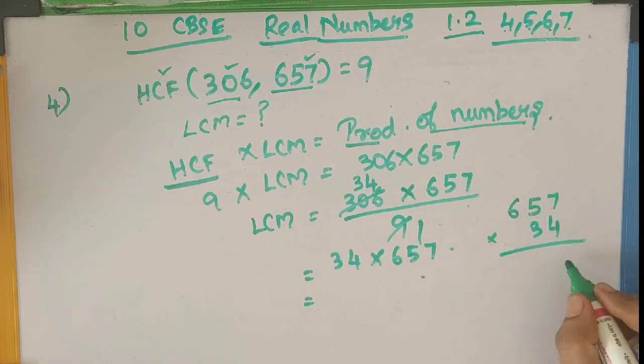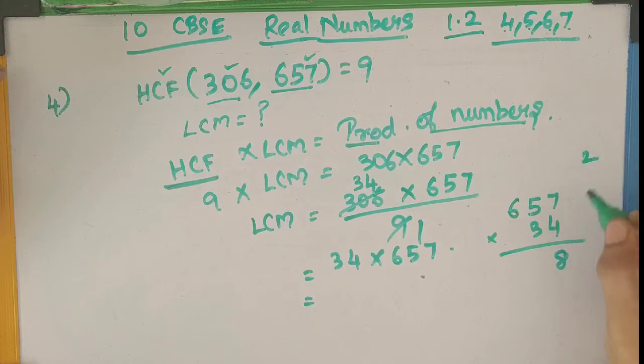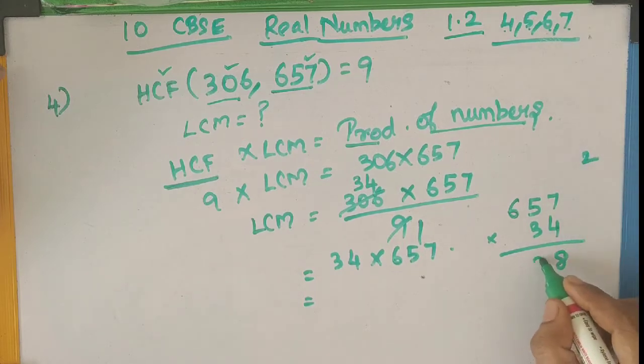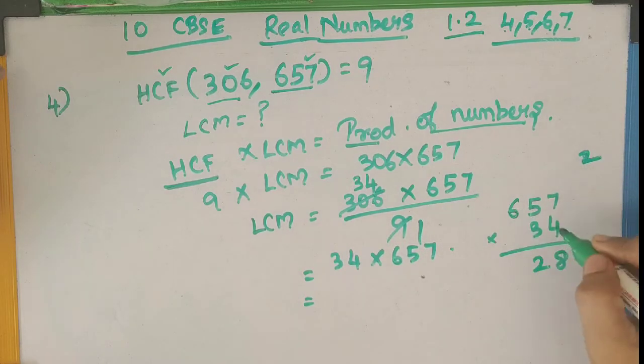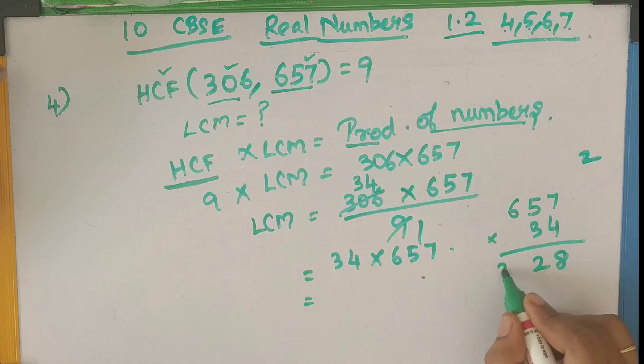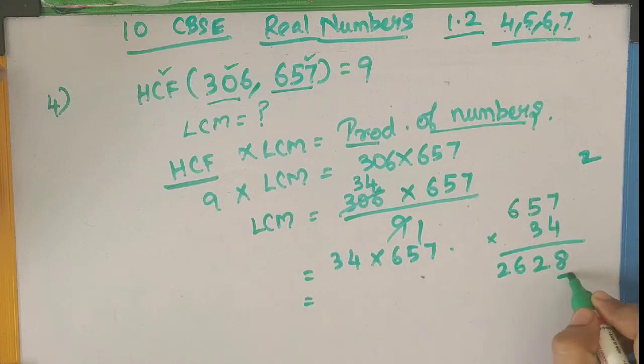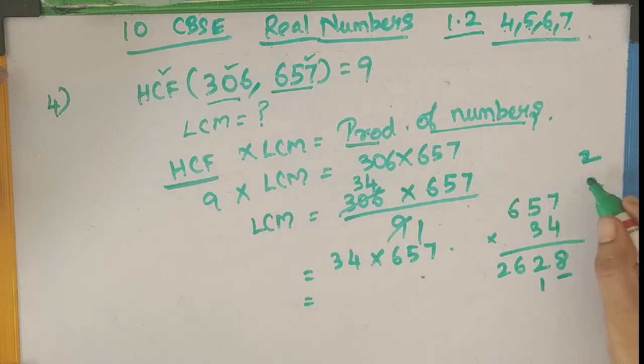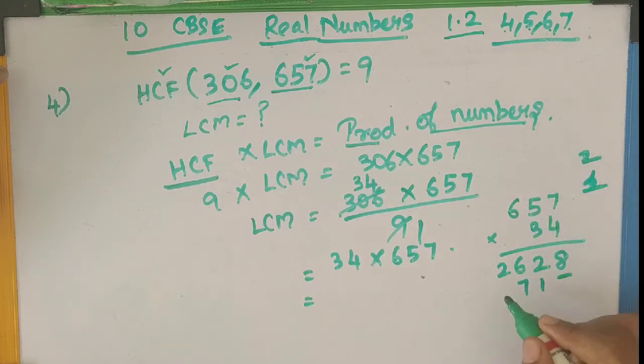Normal multiplication, that is 657 into 34. You too can work it out in your notebook and check whether my answer is correct or not. By doing it yourself, you can gain confidence. So, watch the video and try the same sum yourself again.